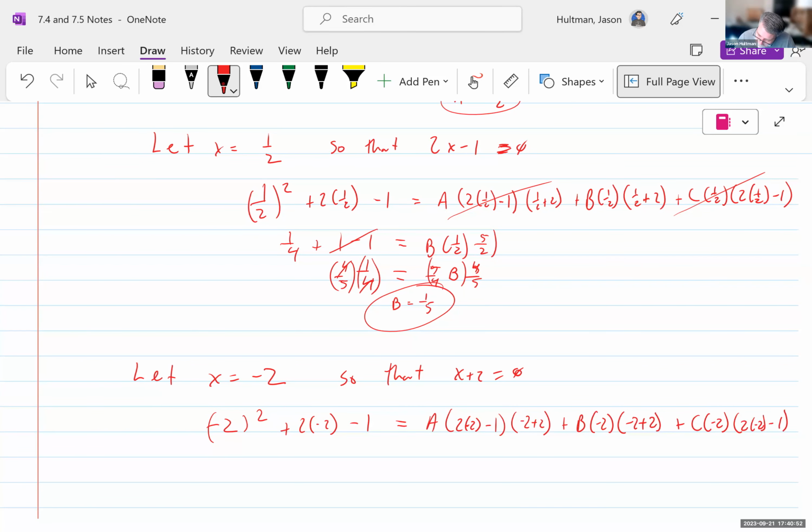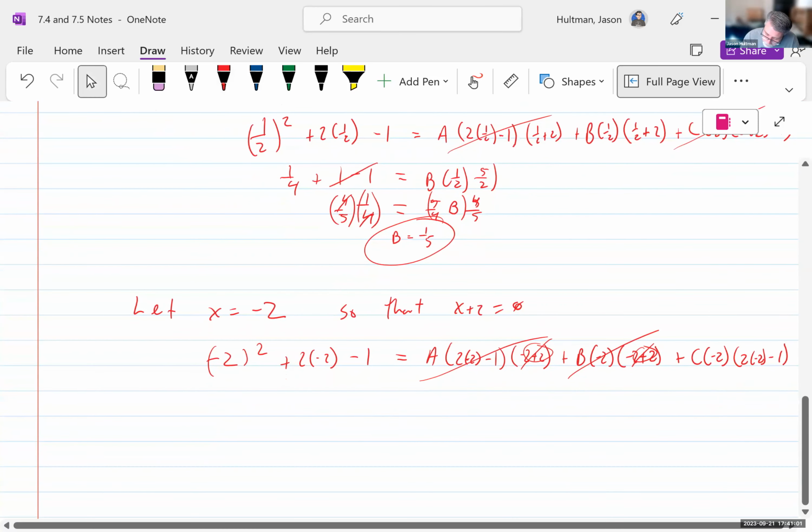Again, this is going to go to 0, this is going to go to 0, and so A and B cancel out, leaving me with just C that I can solve for.